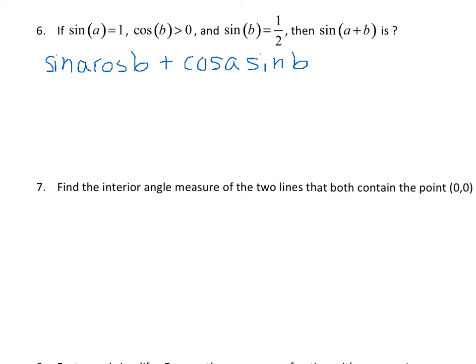So they tell us that the sine of A equals 1, so we can plug that in. We still don't know the cosine of B, and we don't know the cosine of A, but we know that sine of B is 1/2.